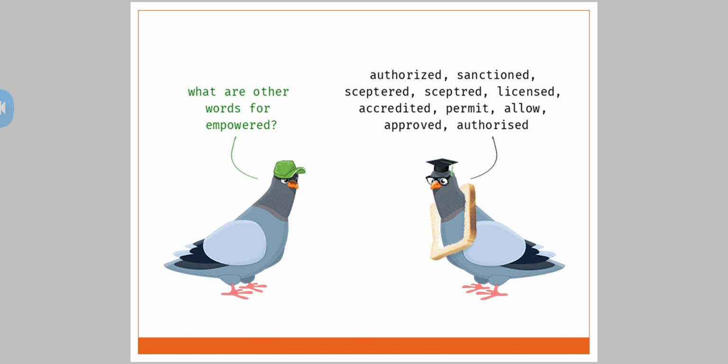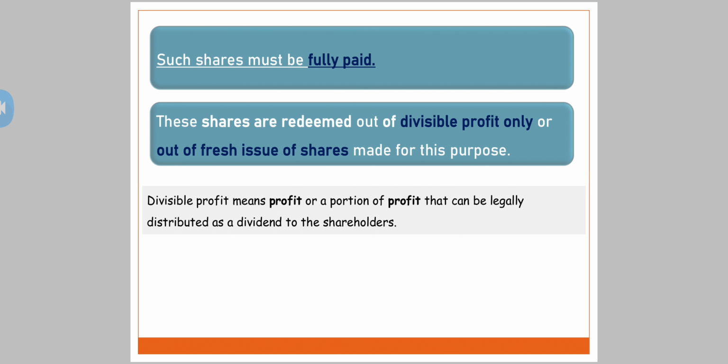The other words for authorized are empowered, approved, sanctioned, licensed, permitted. Now these two: such shares must be fully paid. That means redeemable preference shares must be fully paid up. These shares are redeemed out of divisible profit only. Very important.